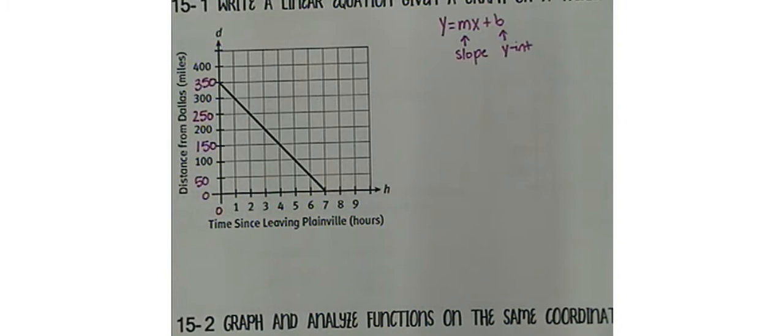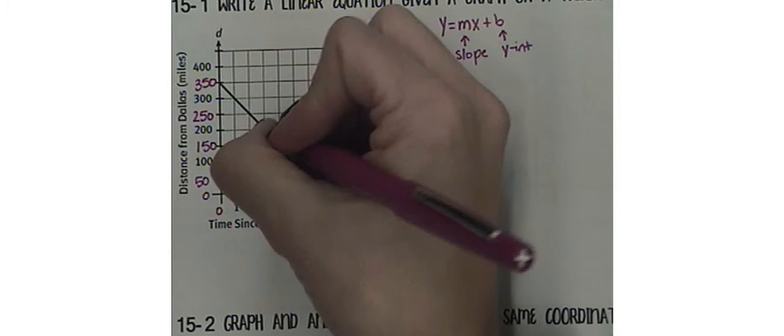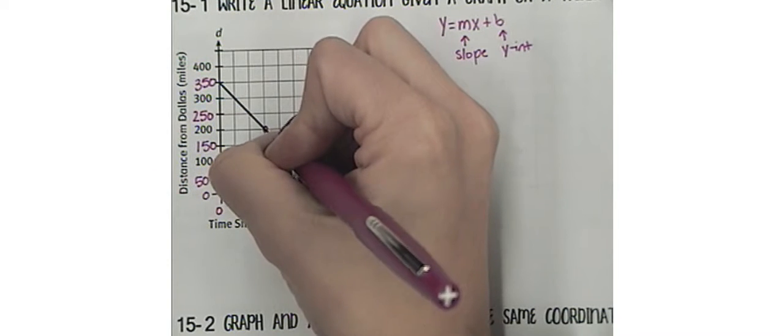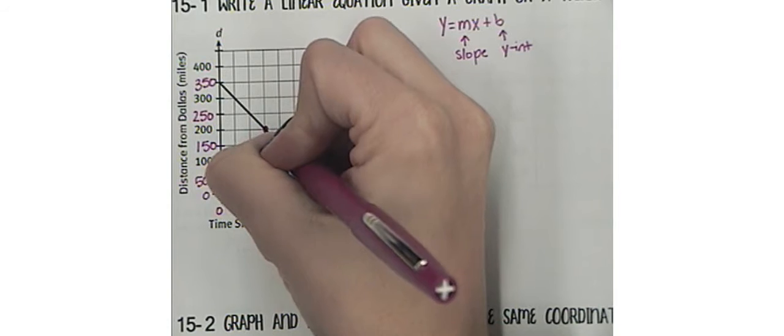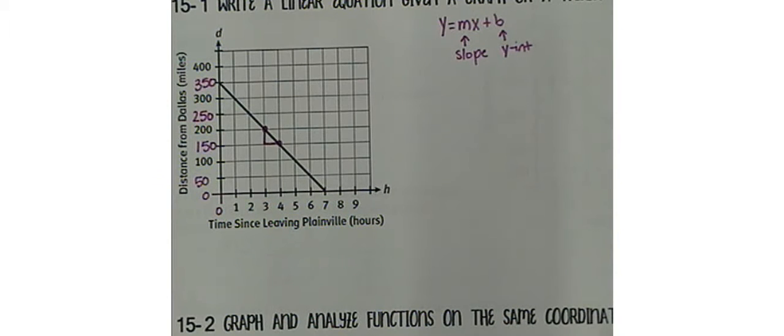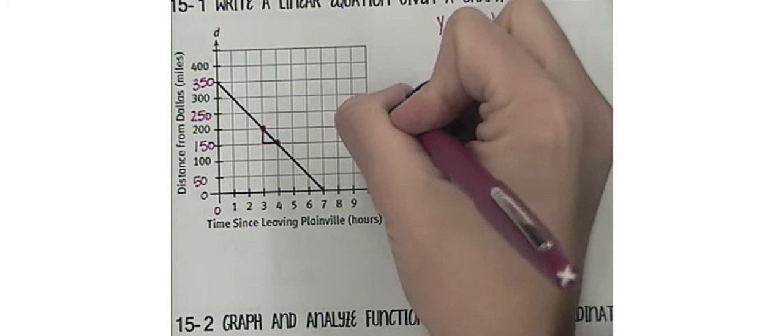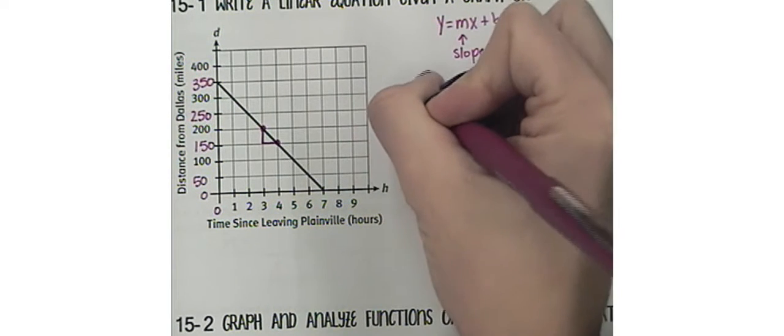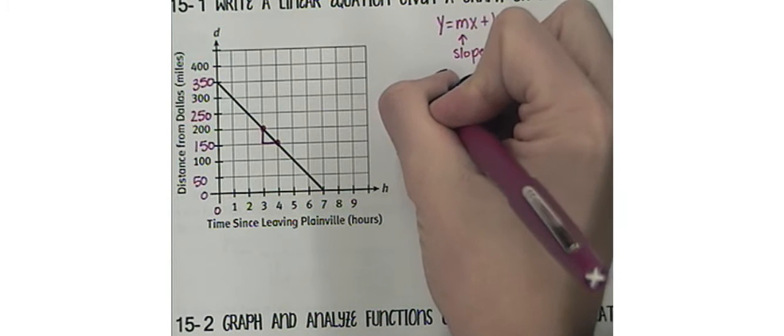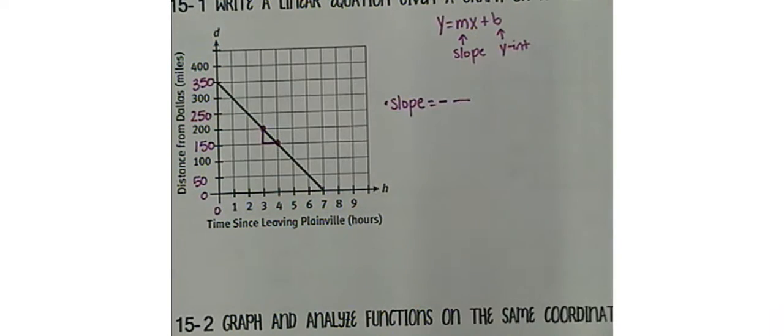So if we're looking at our slope here, I can find my slope between any 2 points on this line. I know that my slope here is rise over run. It's going to be negative because my line is decreasing.